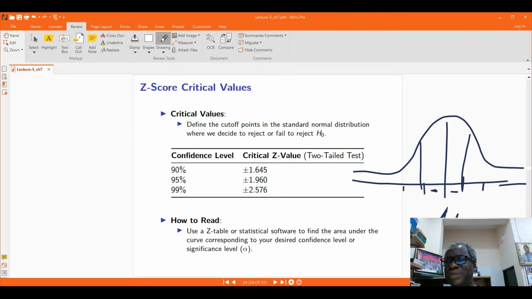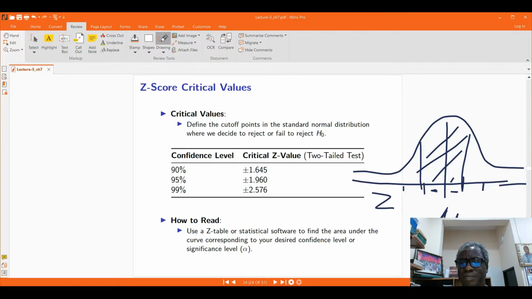So you can read the Z score on the horizontal axis. You can use a Z table or statistical software to find the area under the curve.